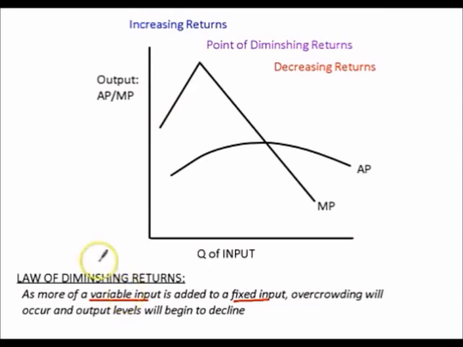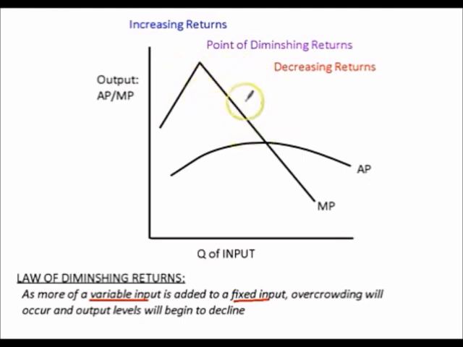If I hire a second worker, they can specialize, have a division of labor, and between the two of them, they can increase productivity. We're increasing returns. Hire a third worker, it gets better. A fourth worker, it gets better. But at what point do we overcrowd the kitchen to the point in which they're actually getting in each other's way? When that begins to occur, we begin to see productivity levels decline.